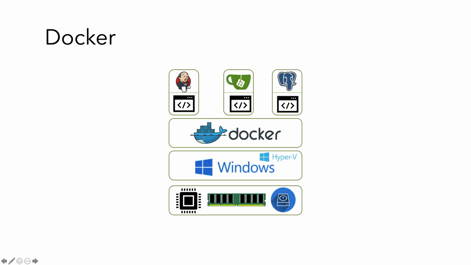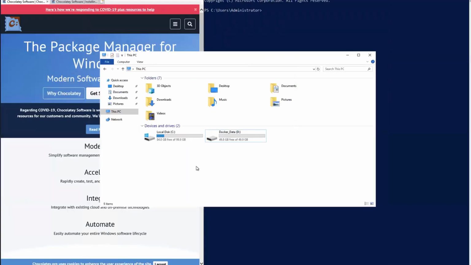So to demonstrate this, I have created a Windows machine inside my AWS account. Let's go to that Windows machine. Here you can see this machine has two hard disks: the C drive consists of 100 GB and the D drive consists of 50 GB.